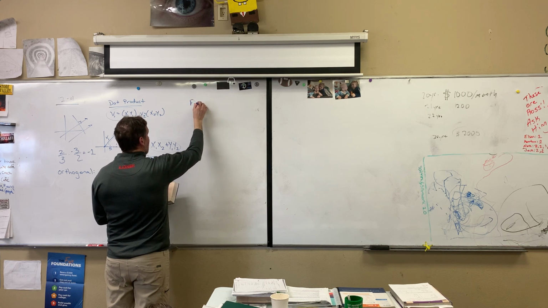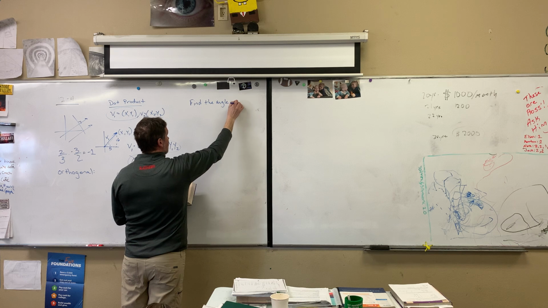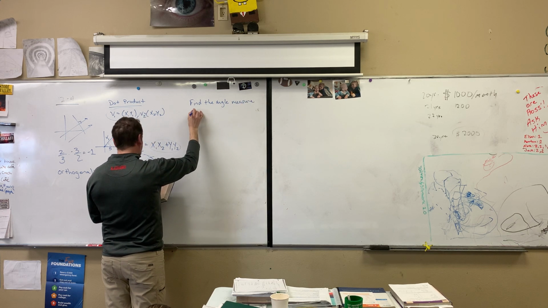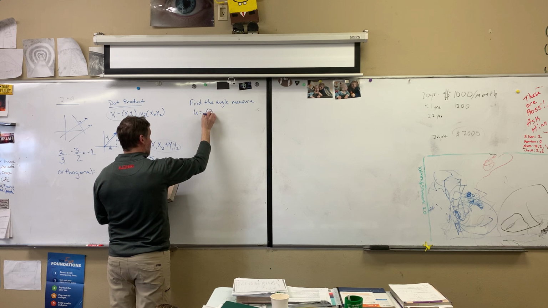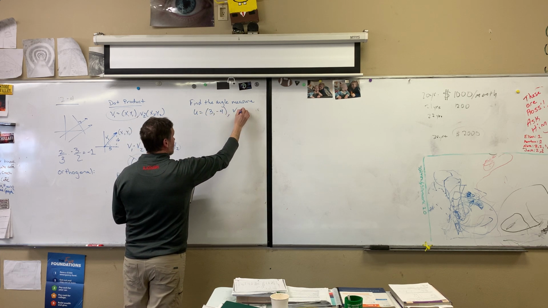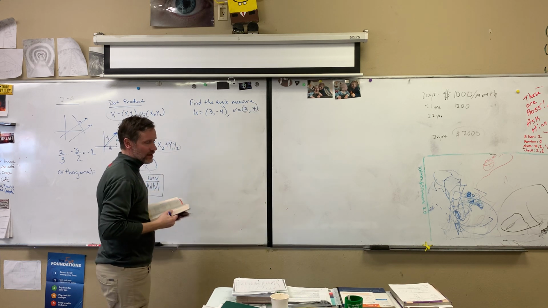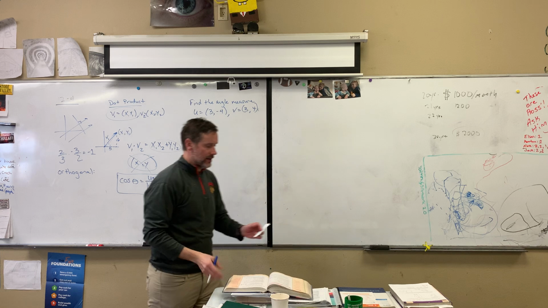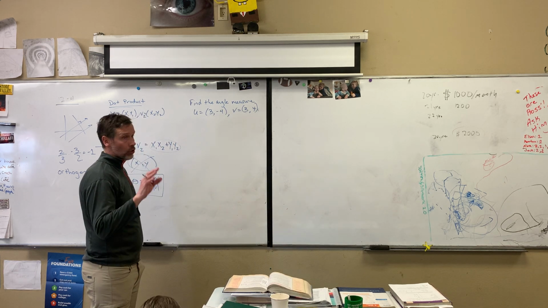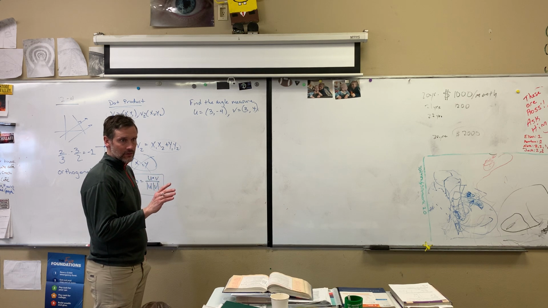Let's do something like that. Find the angle measure between two vectors. You have u equal to 3, negative 4, and v equal to 3, 4. These are two vectors. You see each as a coordinate point; the coordinate point is a representation of a vector.